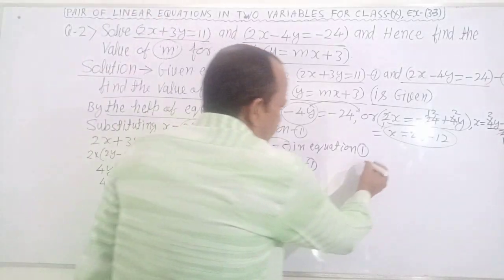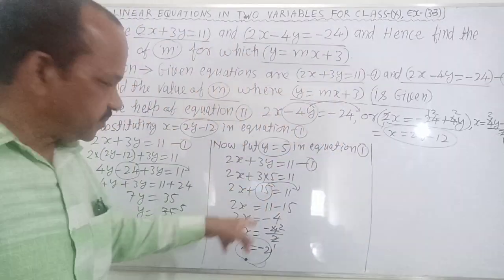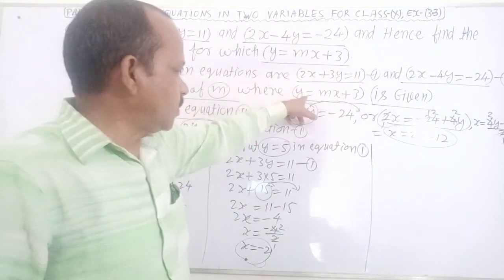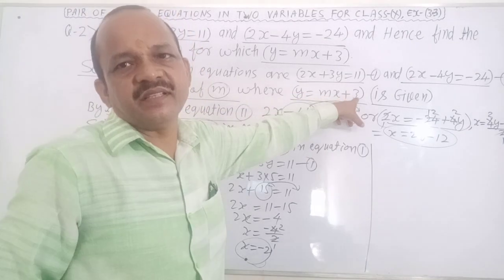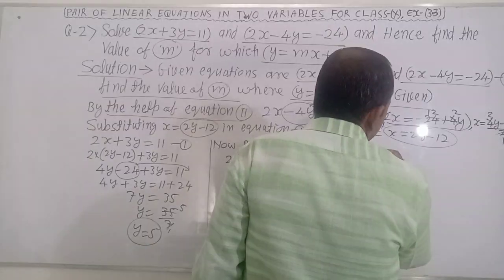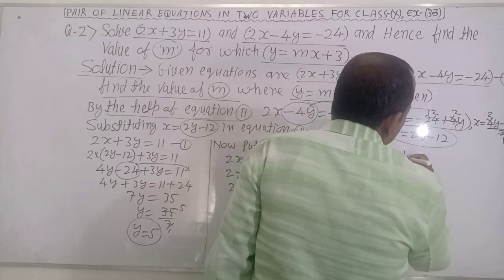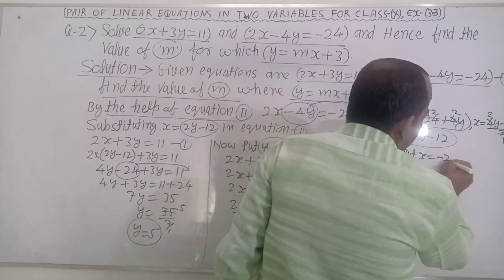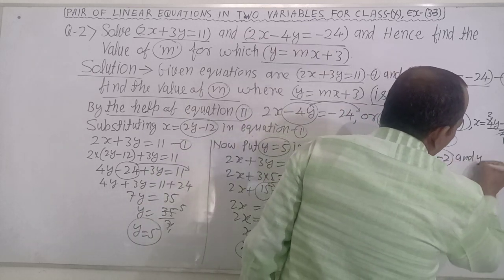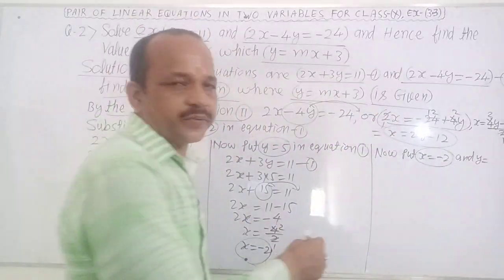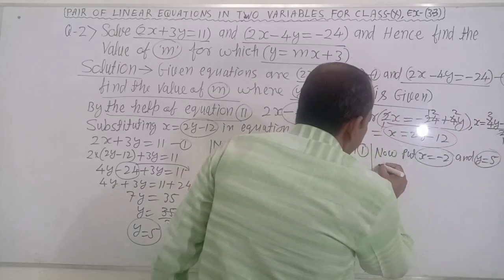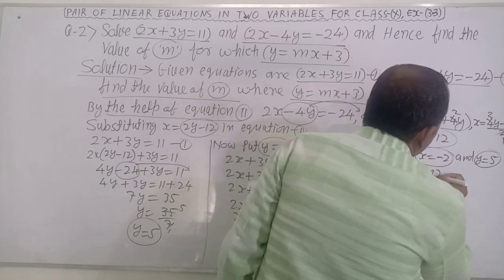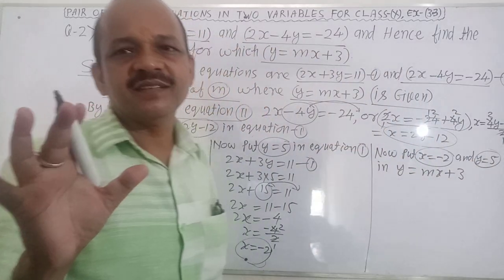Very good. Here you put the value of x and the value of y in y equal to mx plus 3. Clear? Now put x equal to minus 2 and y equal to 5 in y equal to mx plus 3.